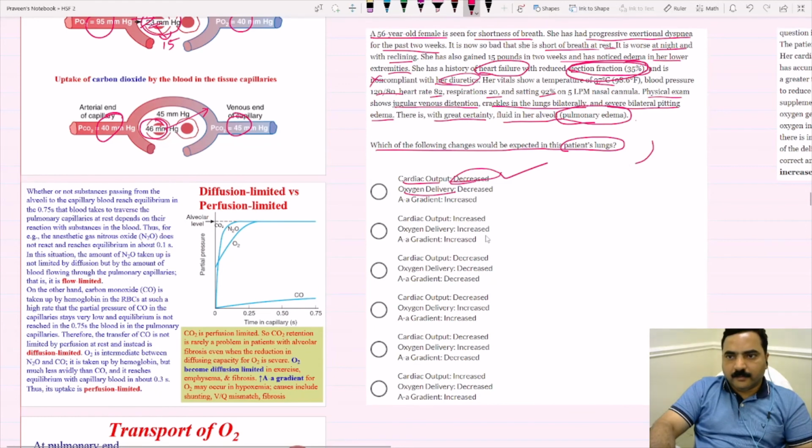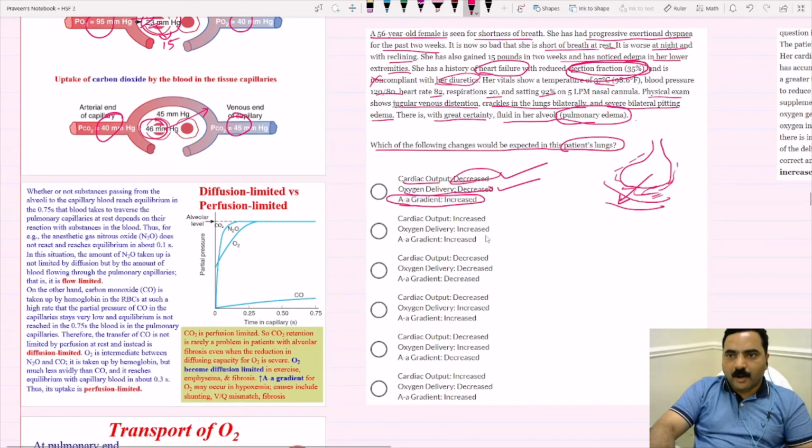No, because the alveoli has fluid over here and fluid over here. So for the blood vessels, the diffusion of oxygen becomes difficult because the membrane is too thick and the fluids are accumulating, so diffusion becomes less and oxygen delivery is decreased. That's also correct.